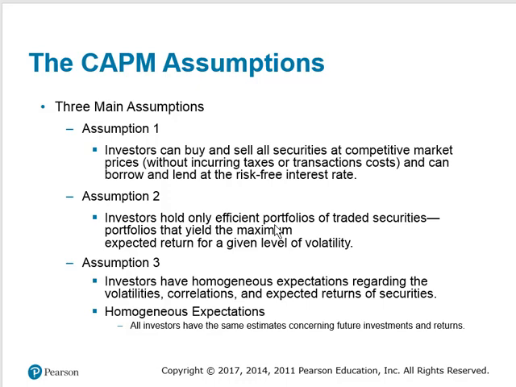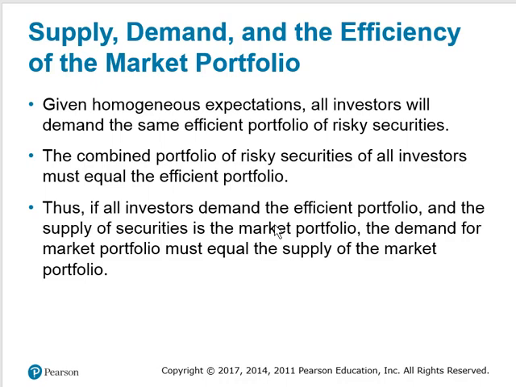We don't need a variable that will describe every single person's investment choices, every single person's sensitivities to risk. So this allows us to say, look, there's only really one investor. And we all think alike. So again, homogeneous expectations, we're all going to want the same portfolio.